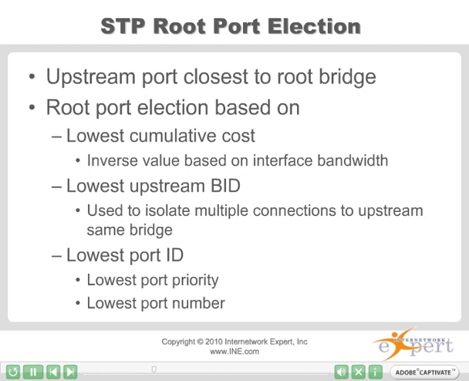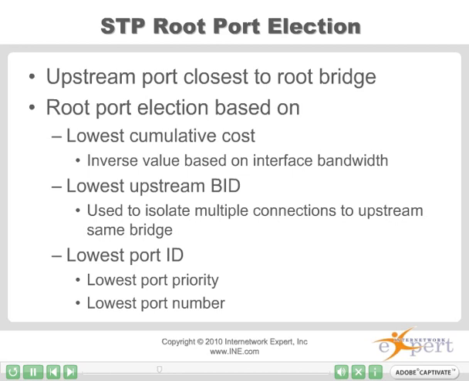If there is a tie, and there often is a tie in this value, it will look at the upstream bridge ID to figure out which should be utilized. And in the case where you have a switch plugged into itself, where that bridge ID can't be used as a tiebreaker, the lowest port ID, the lowest port identifier, literally like 0/1 would win out over 0/10.